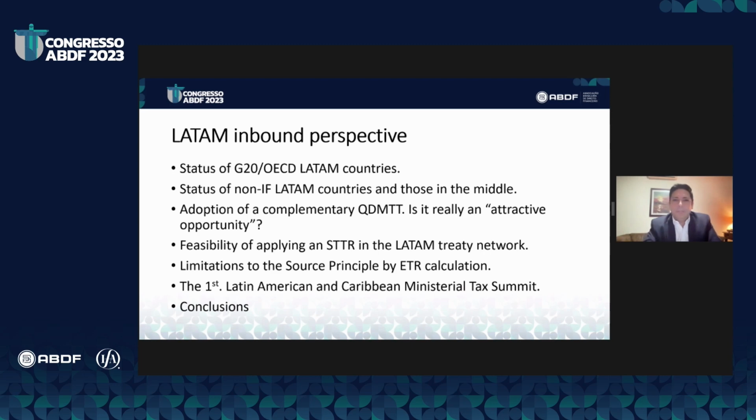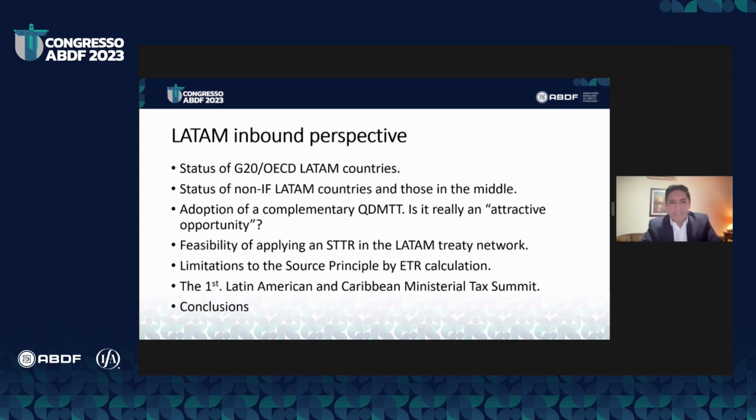You know what happened, for instance, with the MLI. The process took longer than expected, no? Just to have the MLI effective in Mexico. So what we can learn from Mexico is that they are very concerned about the tax incentives affected by global rules, especially in areas like Maquila and other incentives recently approved.